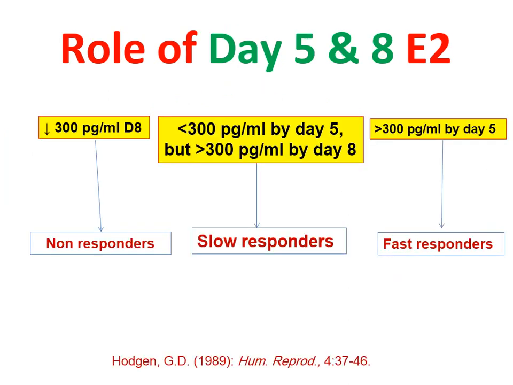On day 5 and day 8, if at day 5 the level is more than 300 picogram, the patient is a fast responder. If at day 8 it is less than 300 picogram, the patient is a non-responder. If at day 5 it is less than 300 but more than 300 on day 8, the patient is a slow responder.